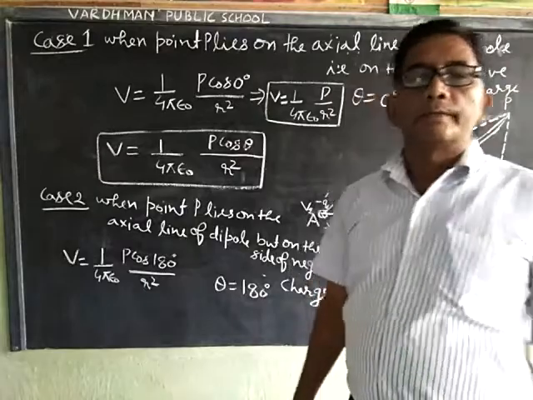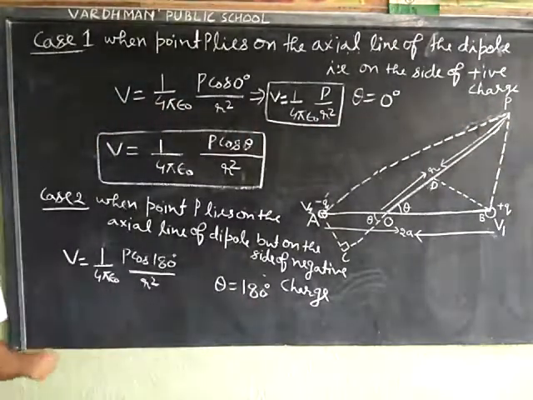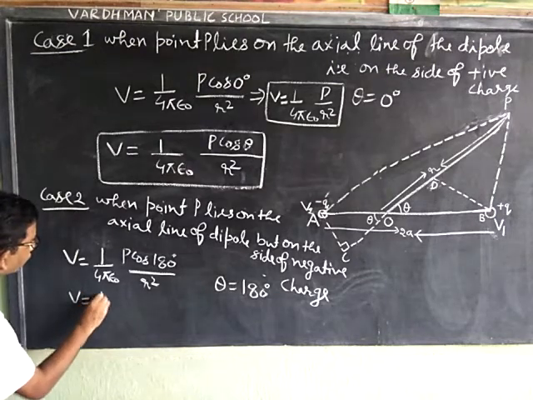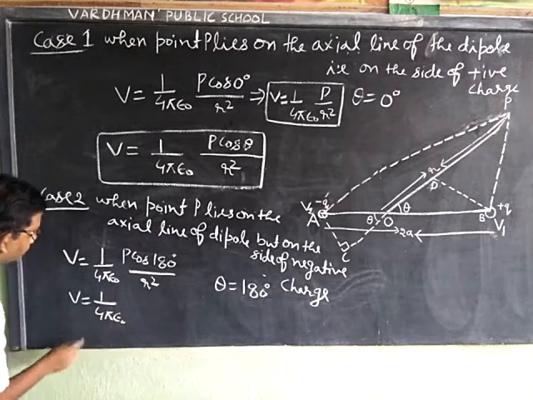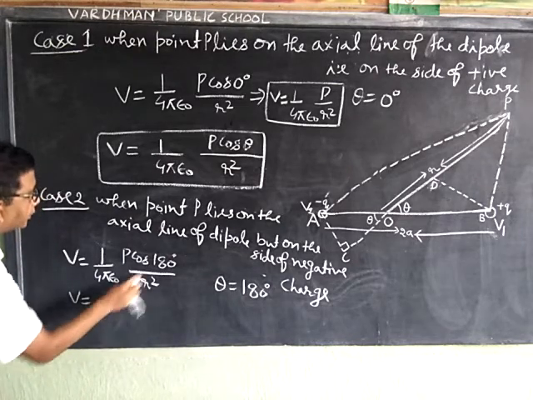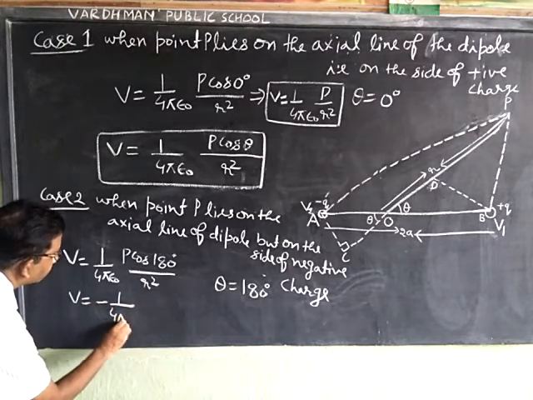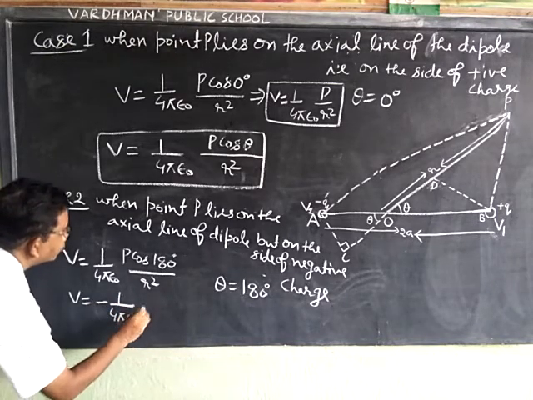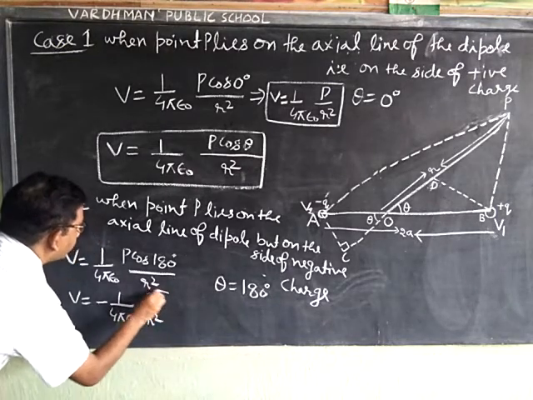Cos 180 is -1. Then V is equal to -1 upon 4 pi epsilon naught p upon r square.